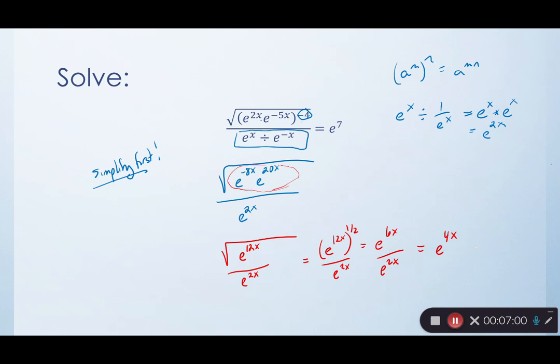So we've got the left-hand side down to e to the 4x. So we've got e to the 4x equals e to the 7. And then we've got our exponent equality rule, right? That first thing that we talked about, 4x is equal to 7. So x is equal to 7/4. And we're done.